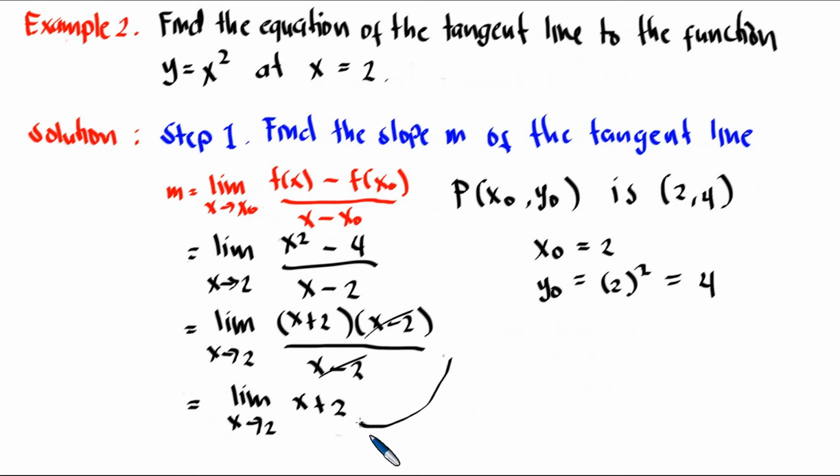So let's bring this one right here. We have m, which is the slope, equal to the limit of x plus 2 as x approaches 2.